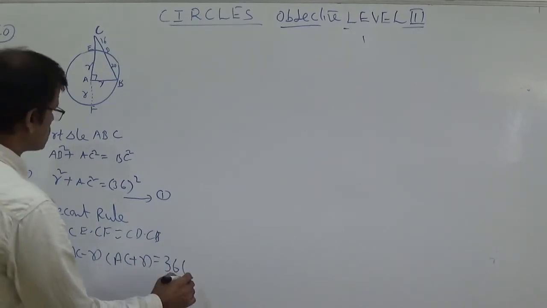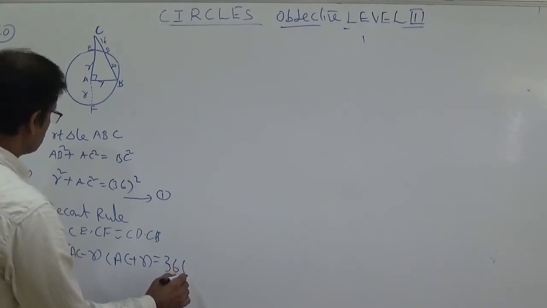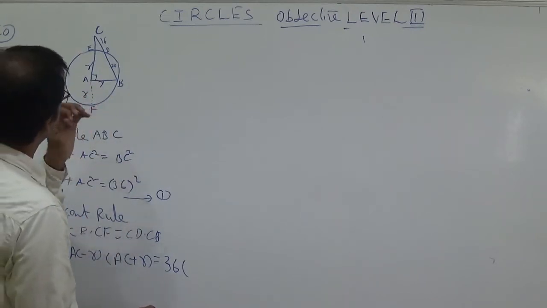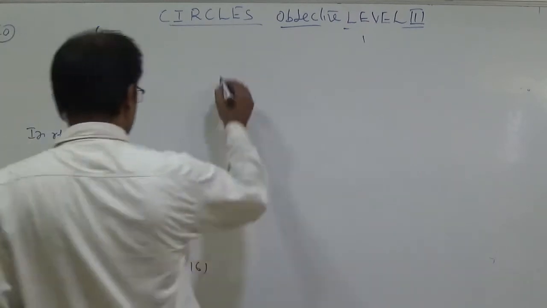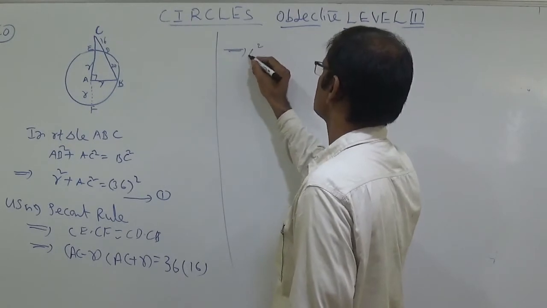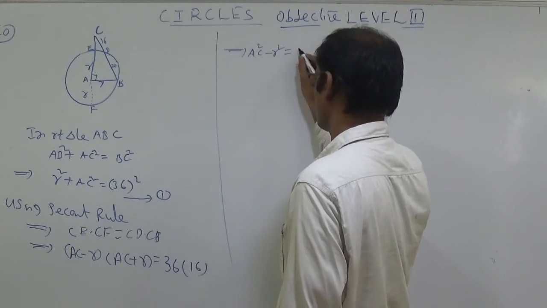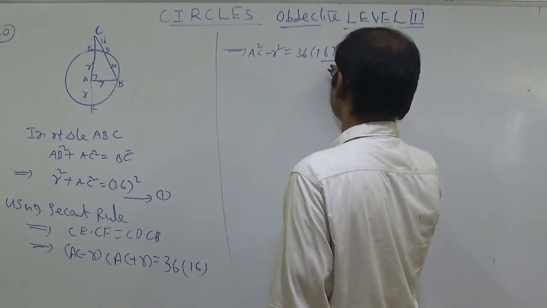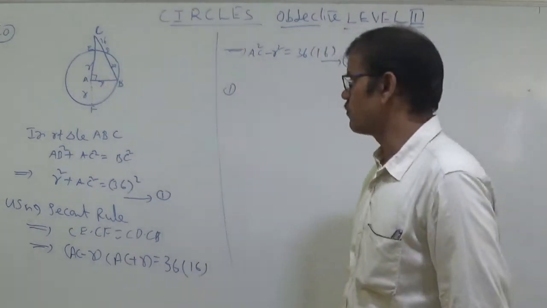CD means 16 and CB 36. So 36 into 16, otherwise 16 into 36. That can be written in the form of AC square minus R square equal to 36 into 16. This is the second equation. Now we should calculate the value of AC.